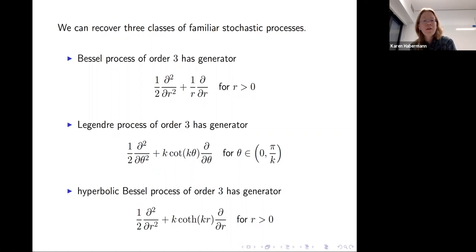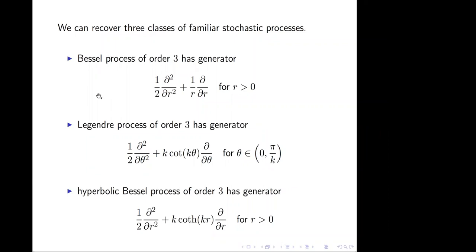And if you do that correctly, you in fact obtain a hyperbolic Bessel process of order 3. And these 3 processes are canonical processes appearing in stochastic analysis, and they're all linked to the so-called Brownian motion in a particular way.